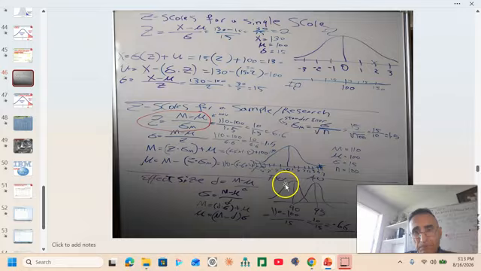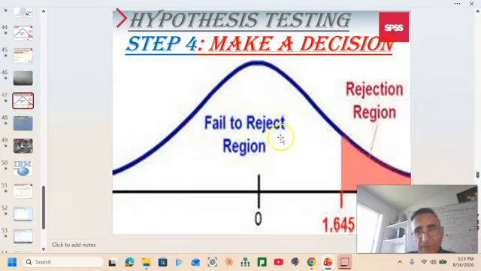Okay. Once again, if that number falls 6.66, again, the critical region is 1.6. So 6.6 will be deep in that red zone or rejection region. That means we reject.